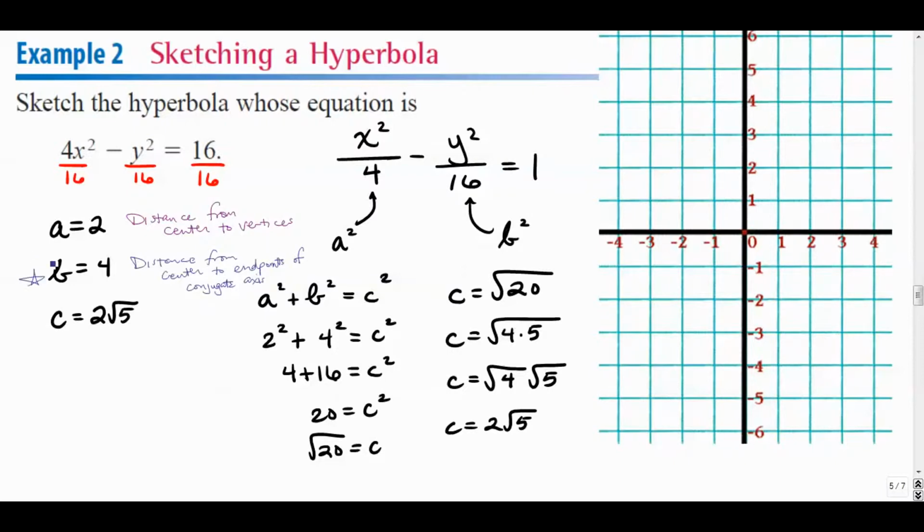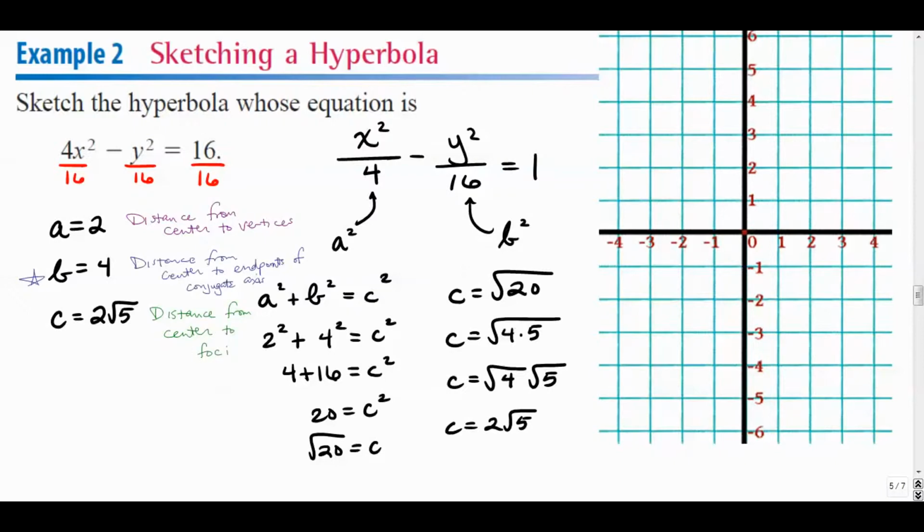And that's really the big one that we're going to look at today. We didn't really spend too much time talking about b in the first video, but we certainly will in this one. And c is the distance from the center to the foci.